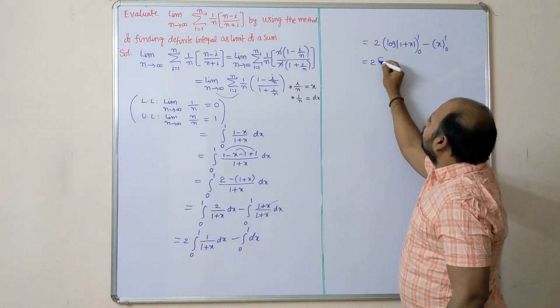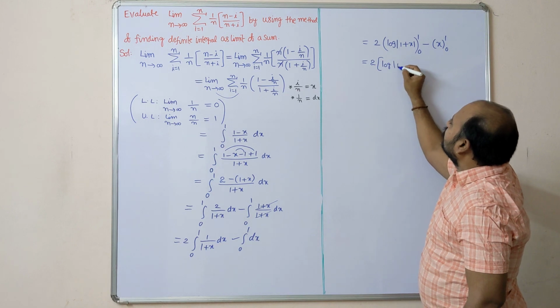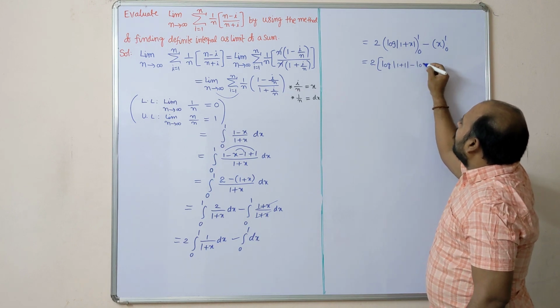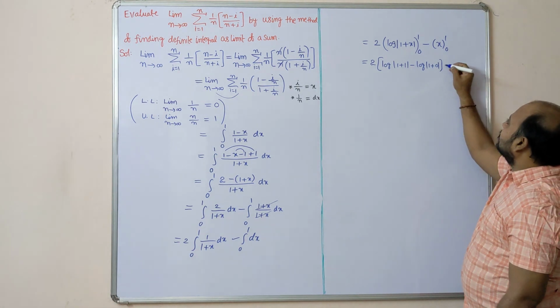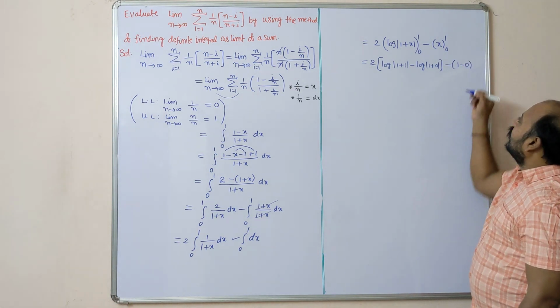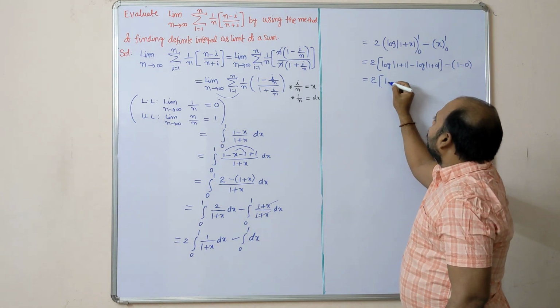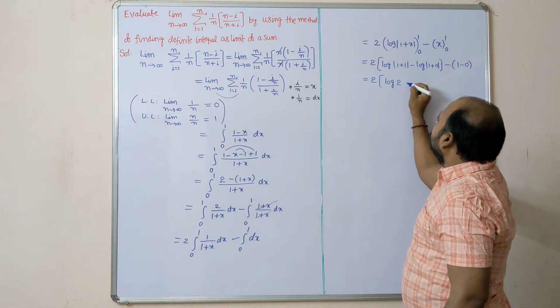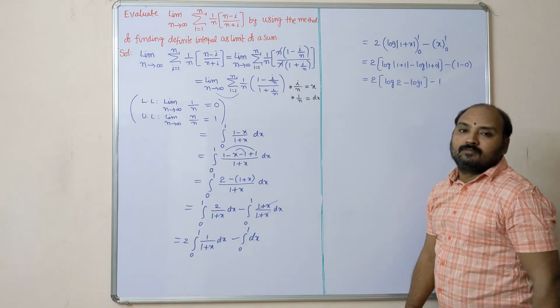So 2 into, wherever x is there, replace with 1. So log of (1 plus 1) minus log of (1 plus 0), minus (1 minus 0), which is equal to 2 into (log 2 minus log 1) minus 1.